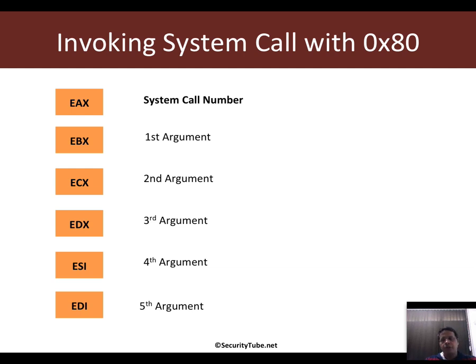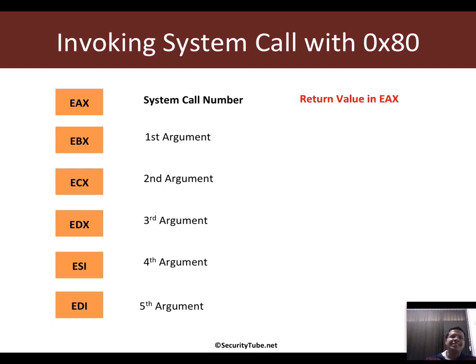If you remember, we found out that for write, the value of this number is 4. EBX, ECX, EDX, ESI, and EDI would contain the first, second, third, fourth, and fifth argument, depending on the number of arguments, right? If you have more than that, the ideal way would be to pass them in the form of structures.